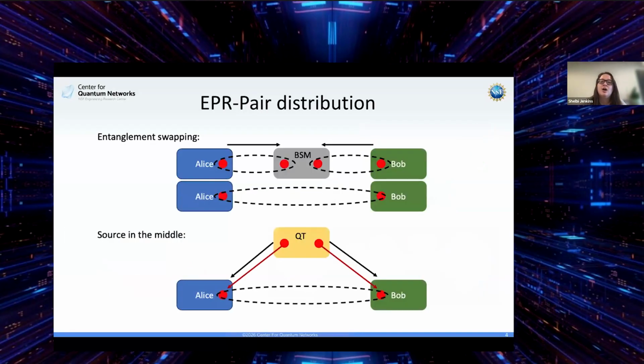So I'm sure this week a lot of people have talked about this source in the middle architecture. If you haven't, we'll just go over it very briefly. So at this top level system we have here, this is entanglement swapping, where theoretically what we want to have is Alice and Bob share an entangled pair together. One way that we can do that is we can have Alice generate an entangled pair at her node and then send it to this intermediate node where they perform a Bell state measurement.